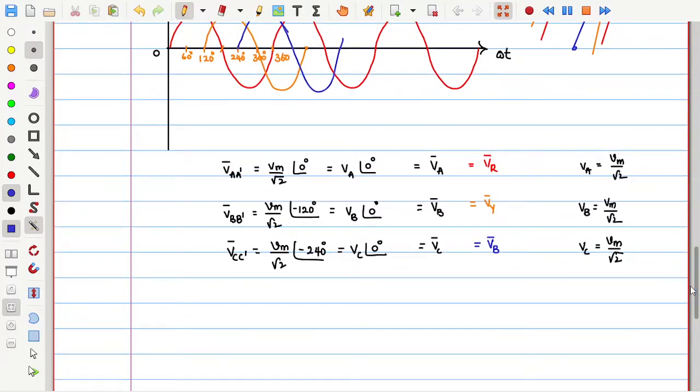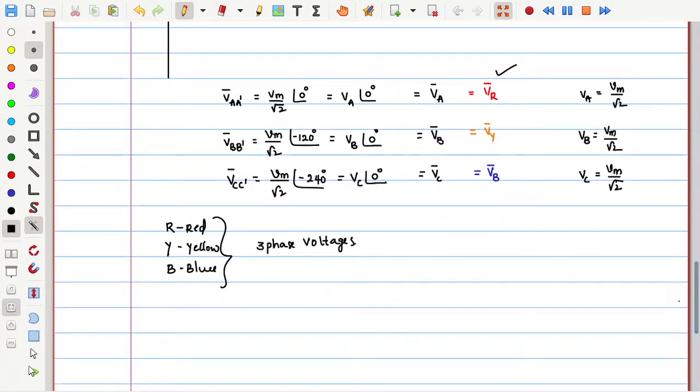Preferably we use this color coded notation: R for red color, Y for yellow color, and B for blue. These three color codings we use to represent the three phase voltages. Even outside, on a distribution panel board, you can see the color coding R, Y, B like that.